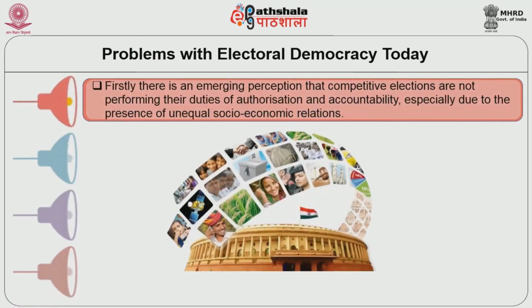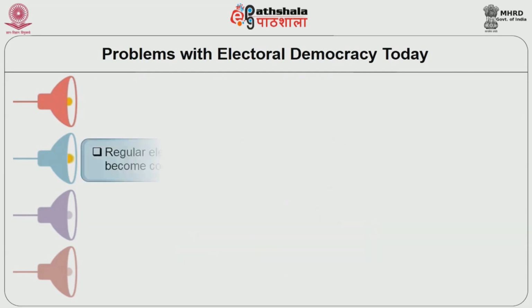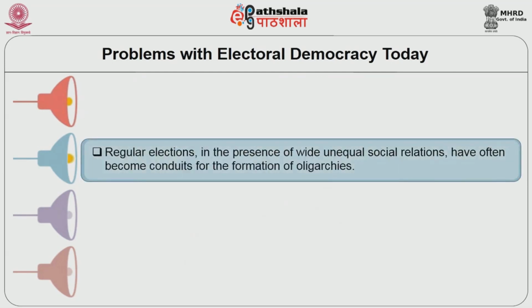Firstly, there is an emerging perception that competitive elections are not performing the duties of authorization and accountability, especially due to the presence of unequal socio-economic relations. Regular elections in the presence of wide, unequal social relations have often become conduits for the formation of oligarchies.